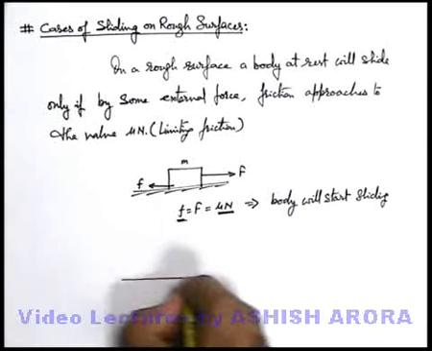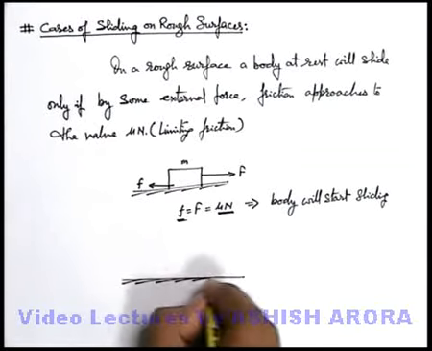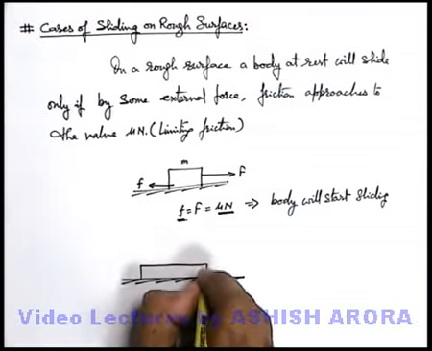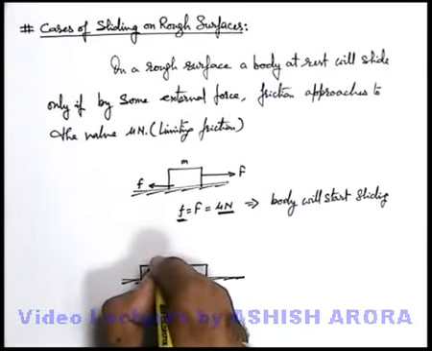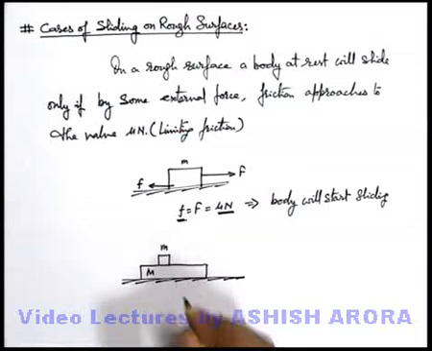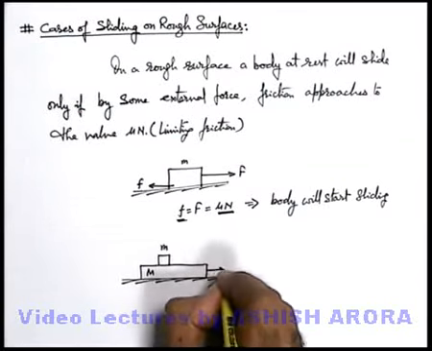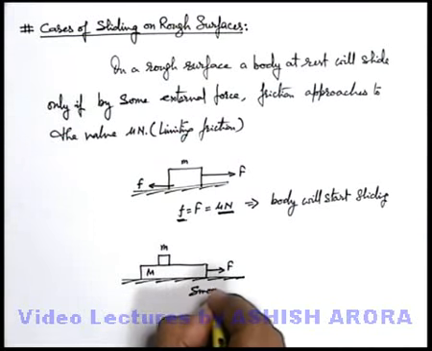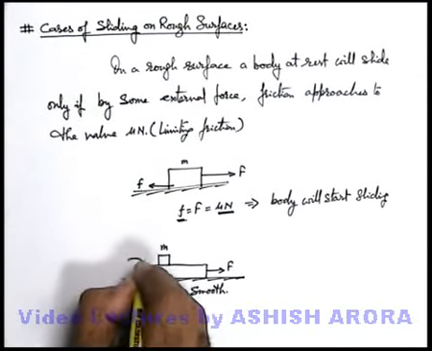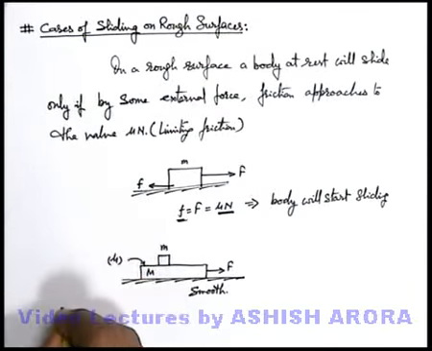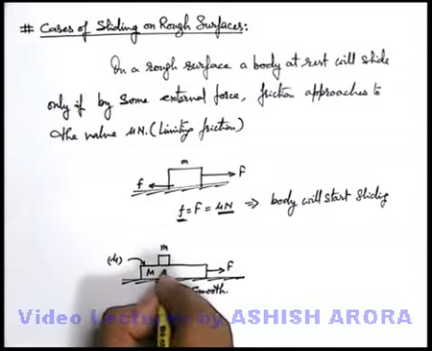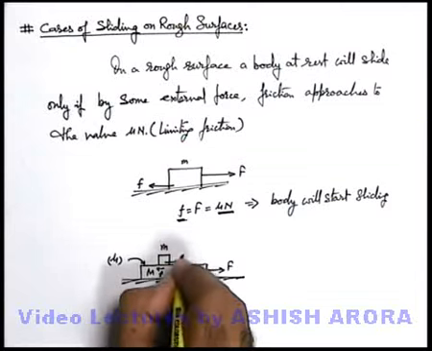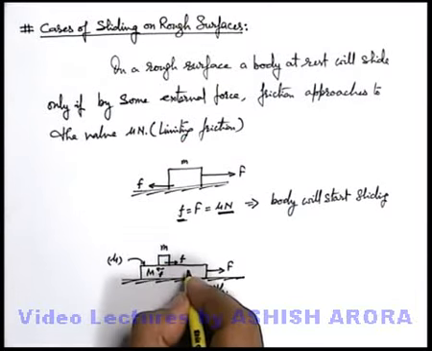Similarly, we can take up another example in case of a horizontal plane. Say we have a plank of mass capital M over which a small m block is placed. If we pull this block with a force F, if the ground is smooth and the upper surface is rough having a friction coefficient mu, when this is pulled, on the lower block friction acts in the backward direction, on the upper block friction acts in the forward direction.